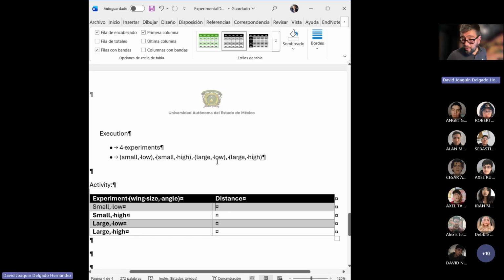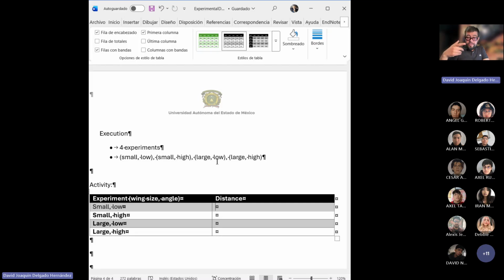So what I would like you to do is the following. Please manufacture 4 different airplanes, but each of these 4 different airplanes will have to respond to these 4 different experiments. Okay, so you are going to manufacture an airplane with the small wings, and you are going to throw it in a low angle. Okay, so it is practically horizontal.